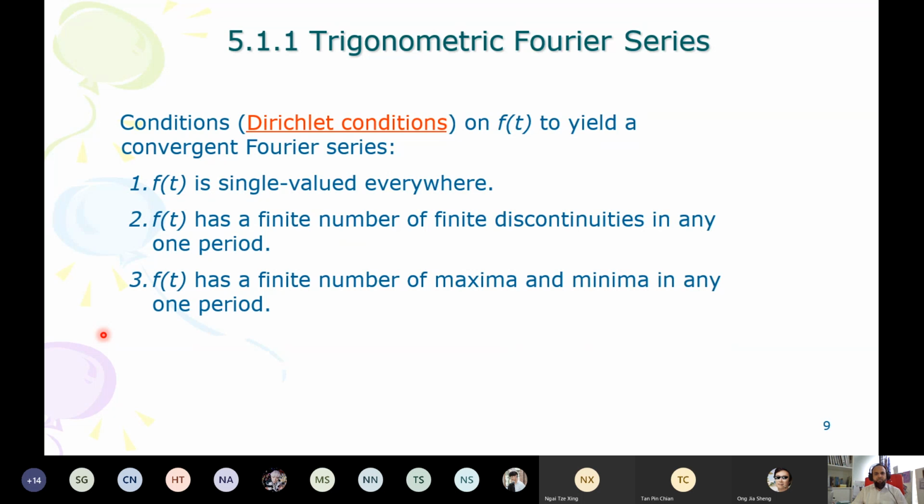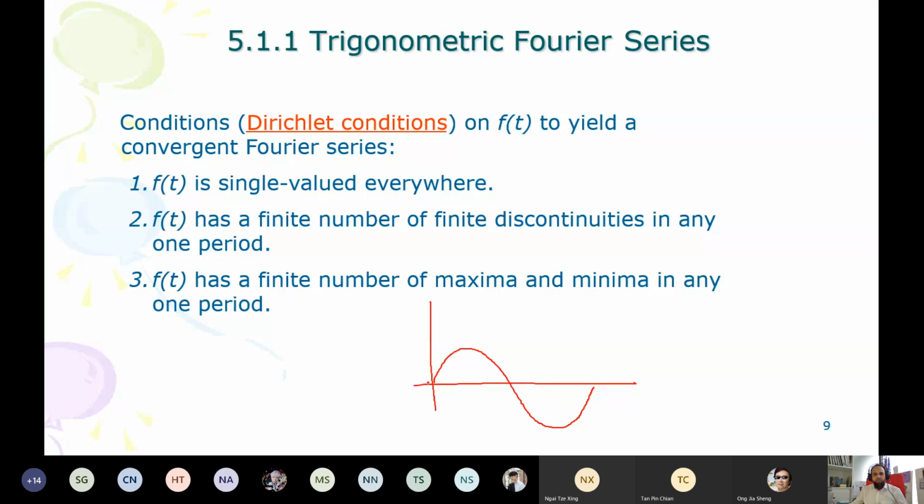Then it has a finite number of maxima and minima in any one period. So there should not be infinite maxima and infinite minima. It may have more than one maxima and minima. Suppose the function is like this. In this particular signal, how many maxima and minima? One maxima and one minima, right?